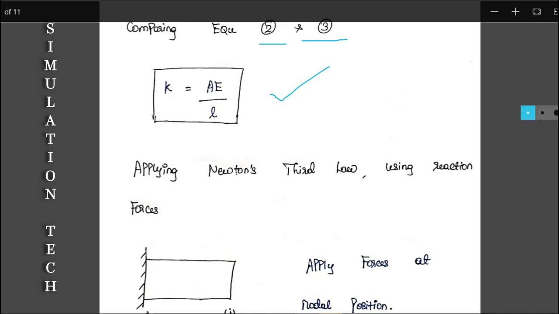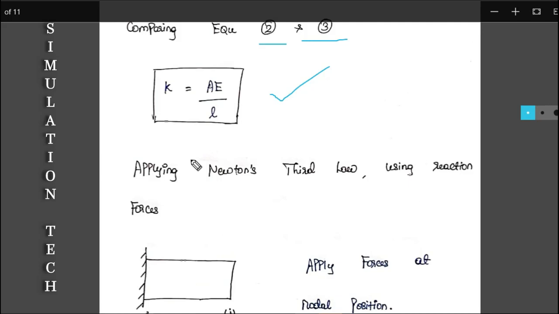Next, what is K? K is the coefficient of the spring, or the stiffness of the spring. We need to find the stiffness matrix first of all. Let me explain how FEA actually works. In finite element analysis, first we need to discretize the model, and after discretization the elements and nodes are created. Depending on the node count, a stiffness matrix will be created.